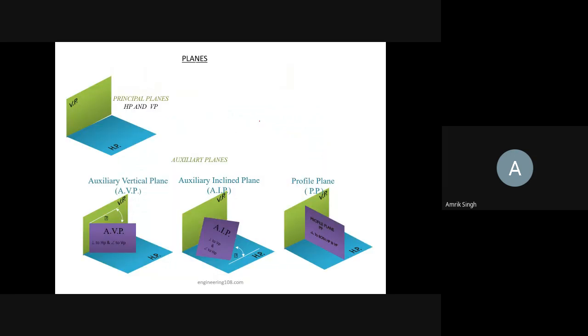So what are the planes? This also you understand, and we will solve the things later on. These are the principal planes: horizontal plane and vertical plane. This I have just told you. The auxiliary vertical plane, if it is inclined at some angle with the vertical plane, is known as AVP.